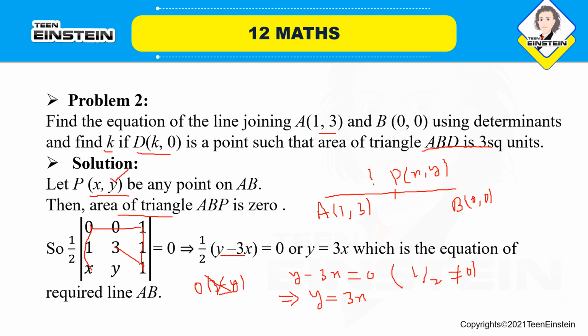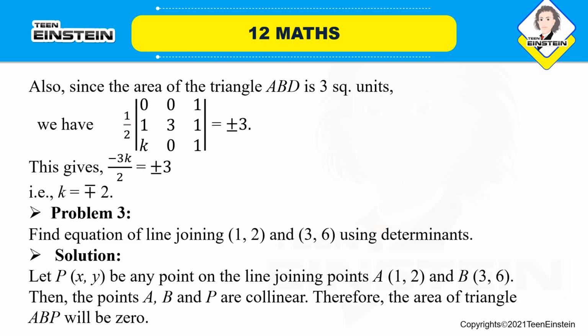So if this condition is satisfied, then what is the value of k? This is the next part of the same question, so we are going to find that. Since the area of the triangle ABD is 3 square units, we have half into, what is the area formula? x1, y1, 1, x2, y2, 1, x3, y3, 1.